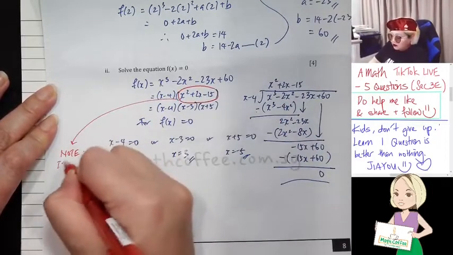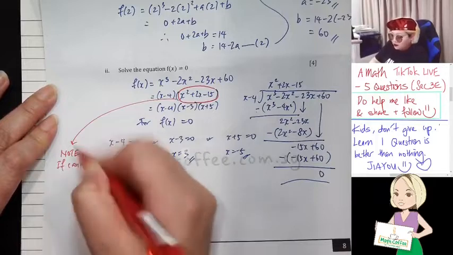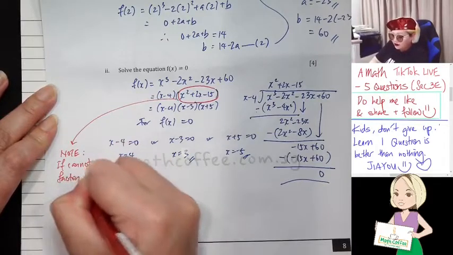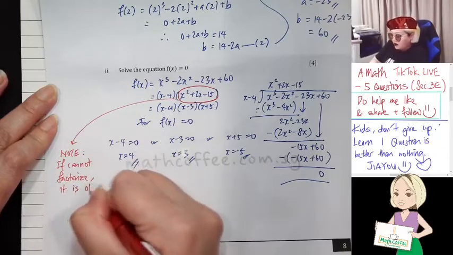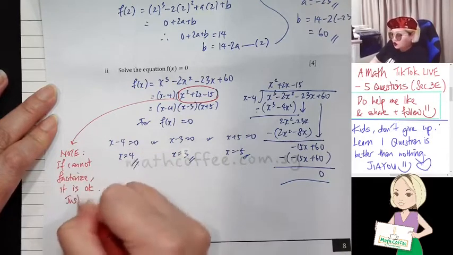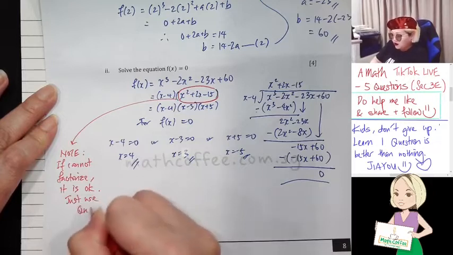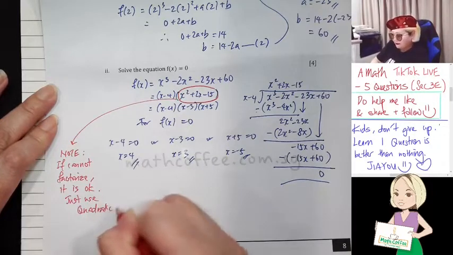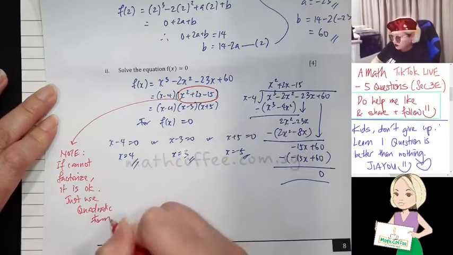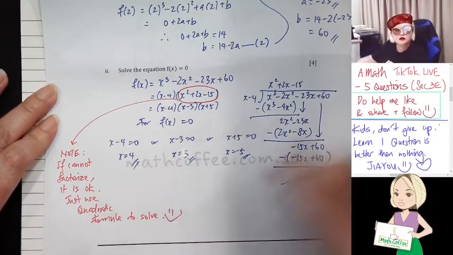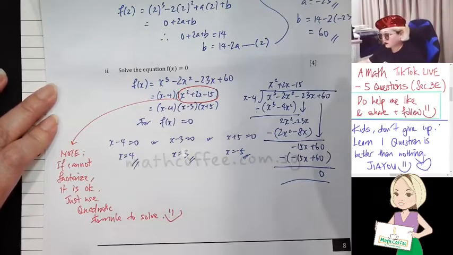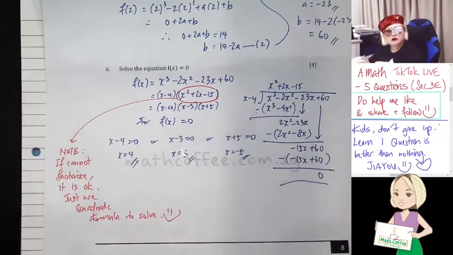So if it cannot be factorized, it is okay. Just use the quadratic formula. Okay? Understand? Oh, good.